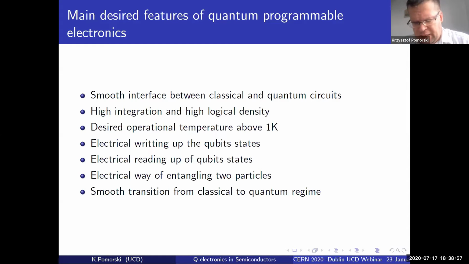The second obstacle, which is also technological, is that in order to control the state of a superconducting qubit, you need to use a vector potential, which you can translate to a magnetic field that acts on the given qubit.